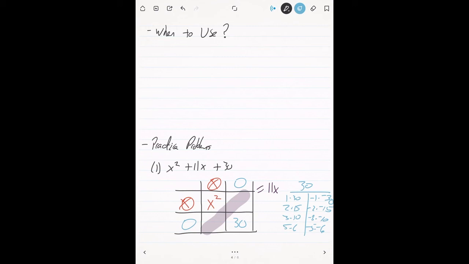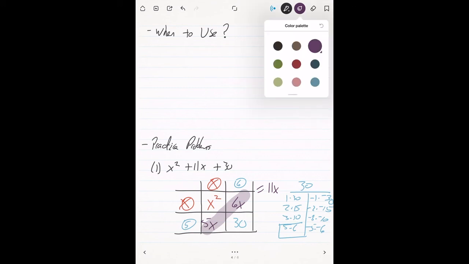Which of these adds up to 11? Well, notice that the 5 and the 6 do. So we could have 5 and 6 to give us 30, but we can also show that when we multiply in the box method, we get a 6x and a 5x to make 11x.